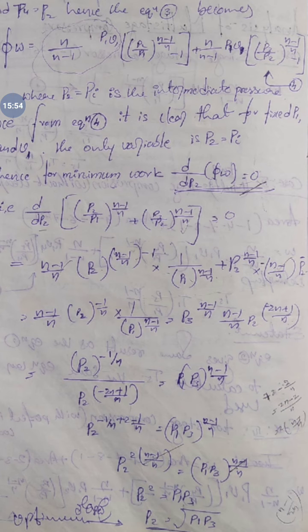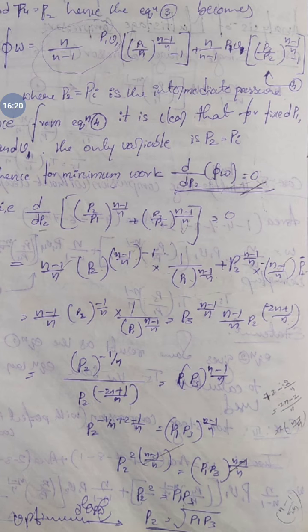So in terms of suction and delivery pressure, the above equation is modified as the cyclic integral of 2n by n minus 1 P1 V1, where P2 can be replaced with the square root of P1 P3. By replacing P2 in terms of P1 and P3, you will get 2n by n minus 1 P1 V1, and in the bracket (P3 by P1)^((n-1)/2n) minus 1.